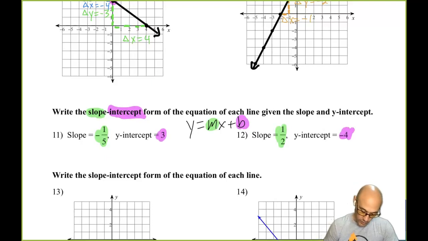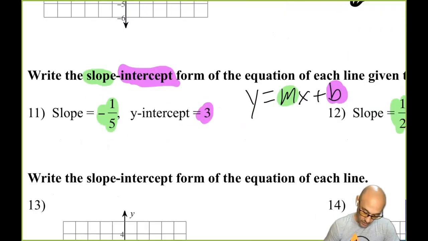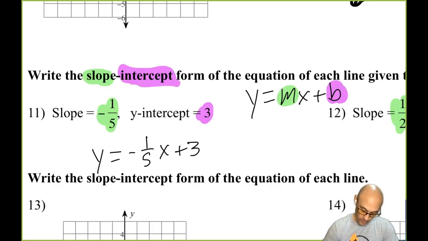All right, so on that first one, it's going to be y = -1/5 x + 3. Here is our slope, -1/5. Here's our y-intercept, +3. And that's it.